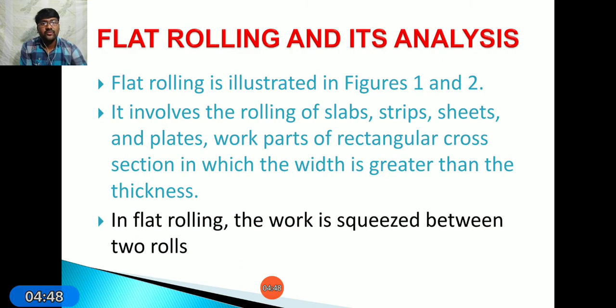Next, in flat rolling the workpiece is squeezed between the two rollers. Due to the action of compressive forces on the work material, some friction is developed between the workpiece and the roller.